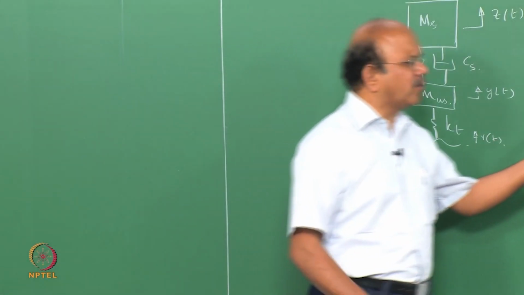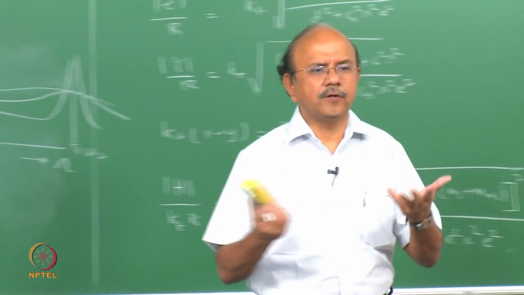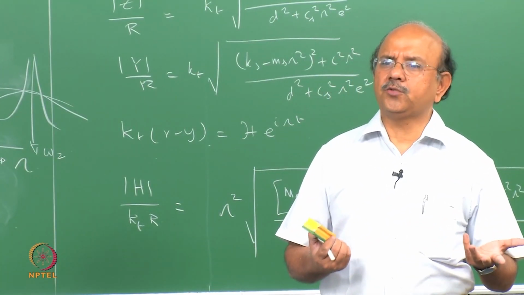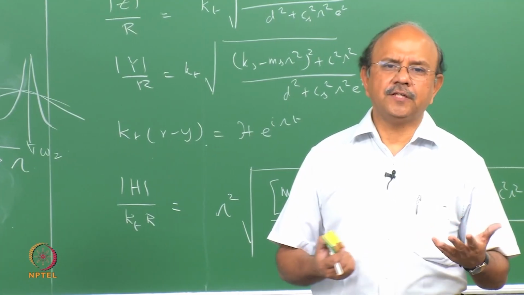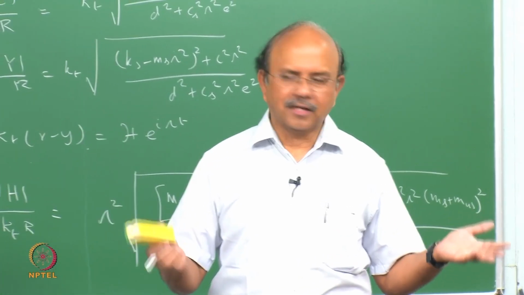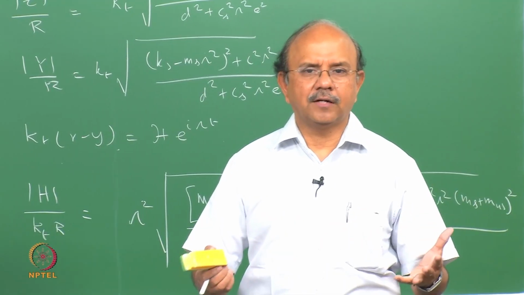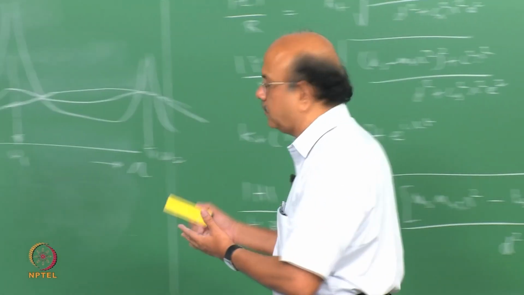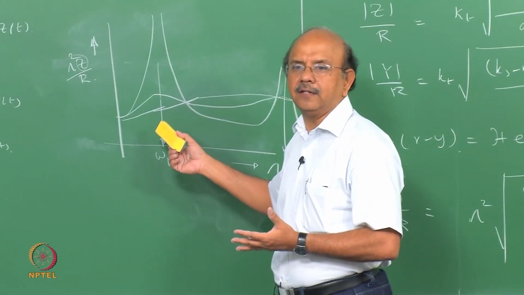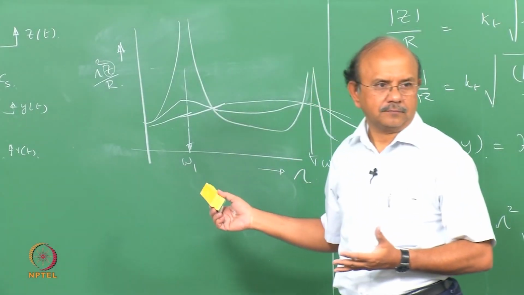So given a choice, what will you do then? You do not know what frequencies are going to be excited, maybe all of them. So what would be a choice? The best choice would be that I have C as flat as possible. Is it a correct choice? No, but as a first cut, you can look at C as one which is almost flat, not high at one place and low at another place, and so on.